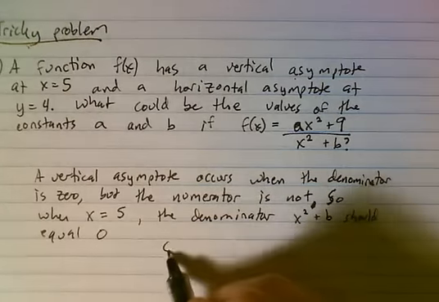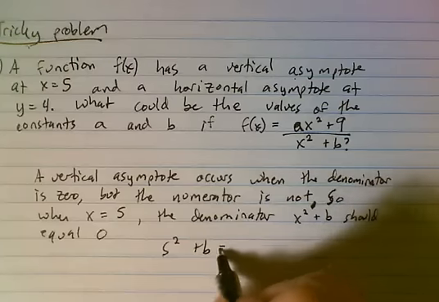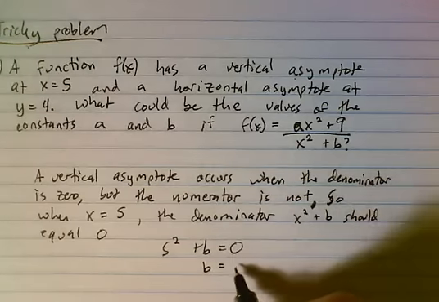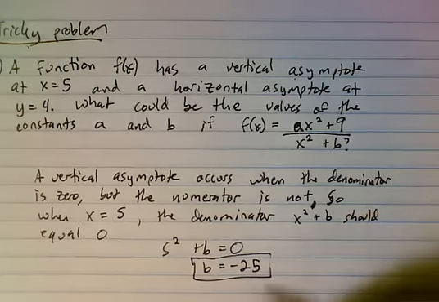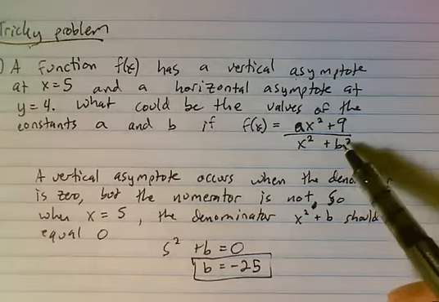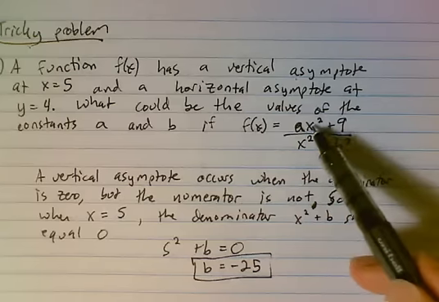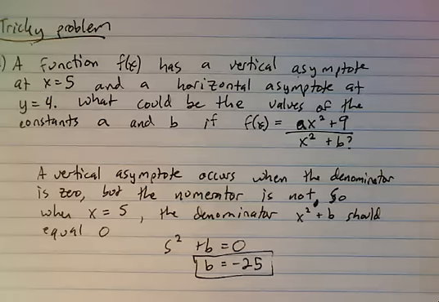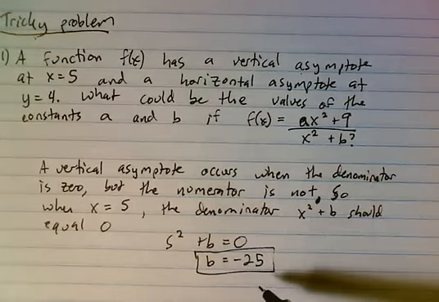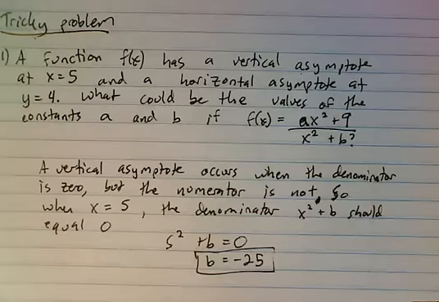So put the 5 in, so 5 squared plus b equals 0. B equals negative 25. If we look up here, there's very little danger when we put in 5 squared times a plus 9. We'll have to keep an eye on what a ends up being, but it's probably unlikely that when we put 5 in, we're also going to get 0 up in the numerator.